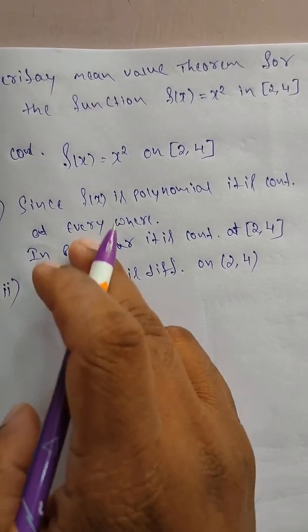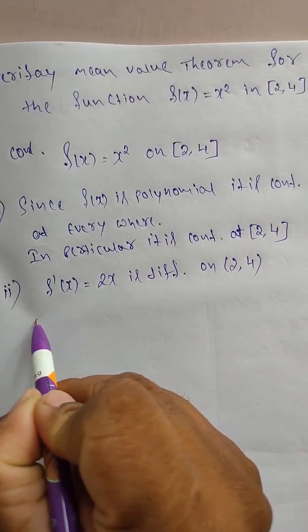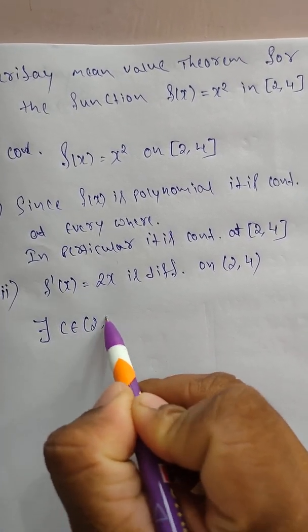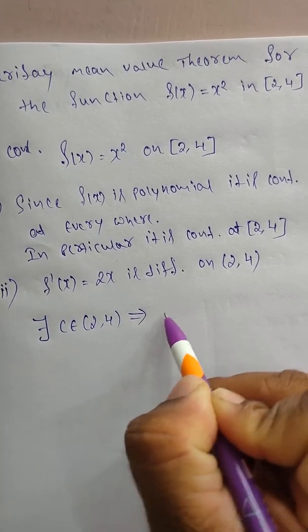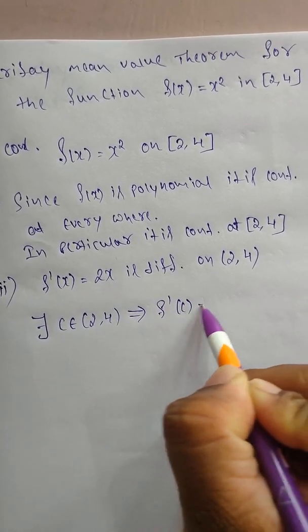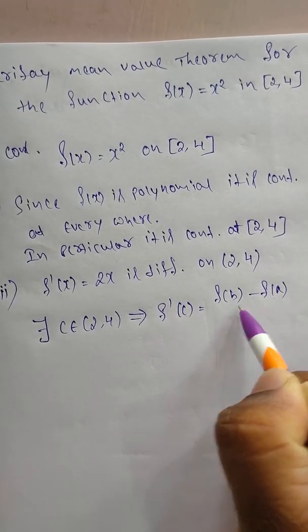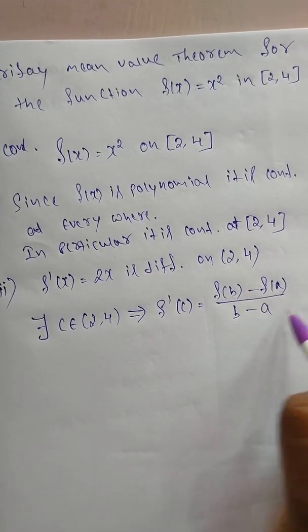Now, if the two conditions are satisfied, then there exists a c, c belongs to open interval 2, 4, such that f dash of c is equal to f of b minus f of a by b minus a.